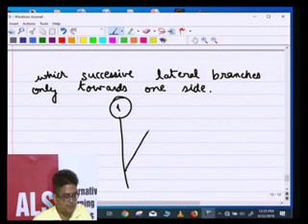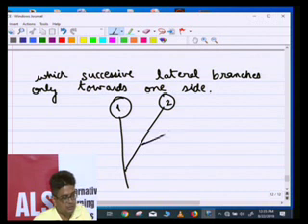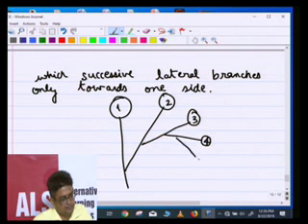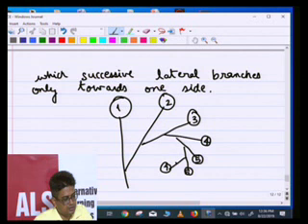First flower, second flower, third flower, fourth flower, fifth, sixth, seventh, eighth.